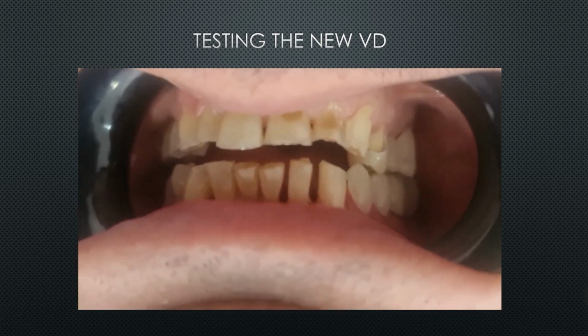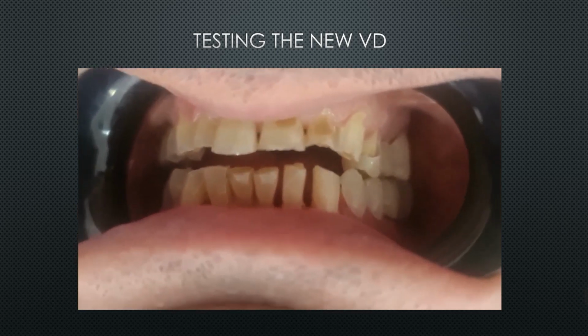And then I printed these temporary bridges with Shining D1 printer. After I finished my preparation, I used them to see how my vertical dimension will be on this patient before continuing my preparations, like testing the new vertical dimension. And I found it fine.